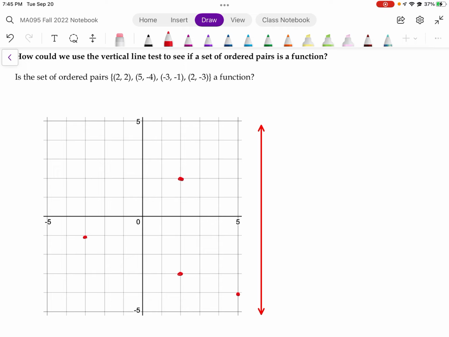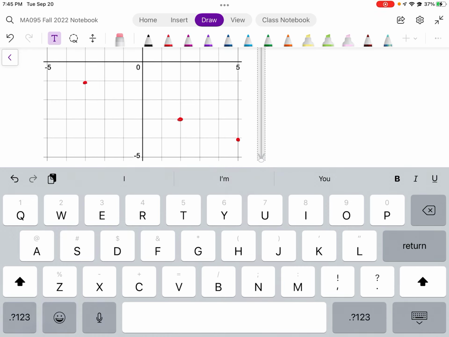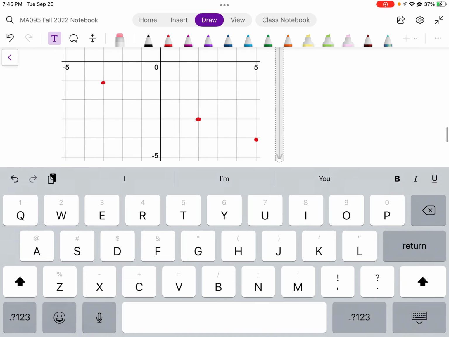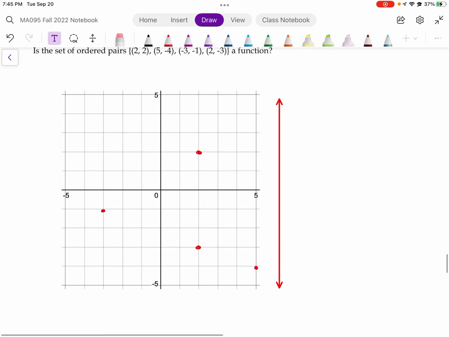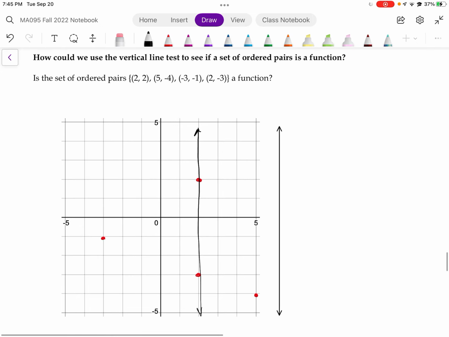All right, so if I was able to take this vertical line and move it around on this graph, it would go right through here, right? It would go through twice. So that means this set of ordered pairs is not a function.